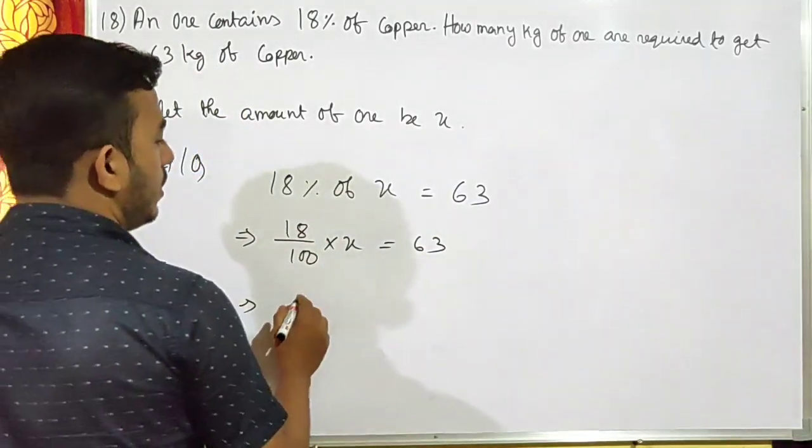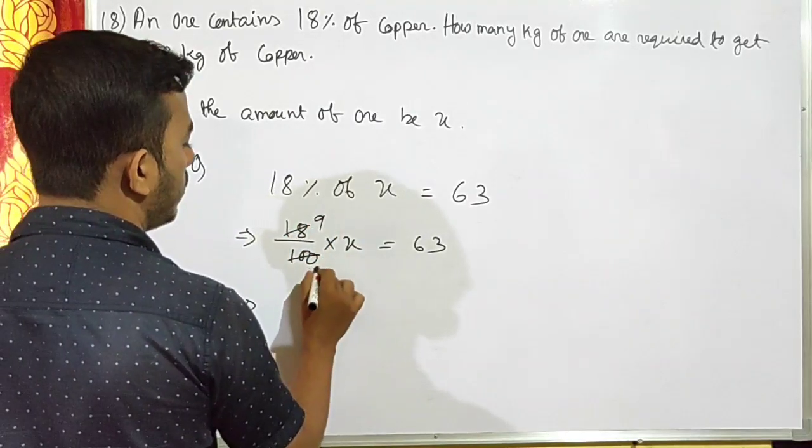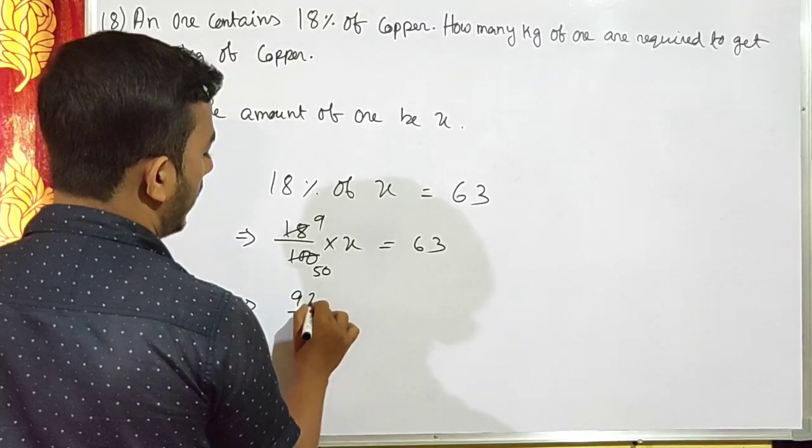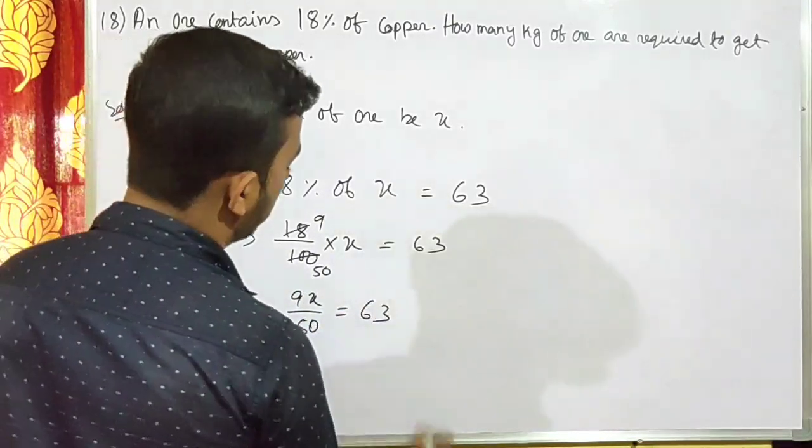Here we can cancel with 2: 9 and 50, so it will be 9x by 50 equals 63.